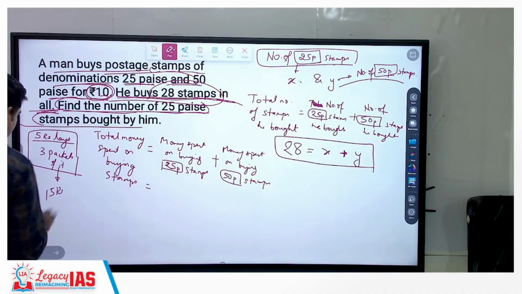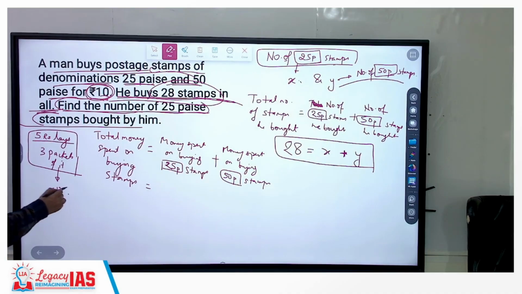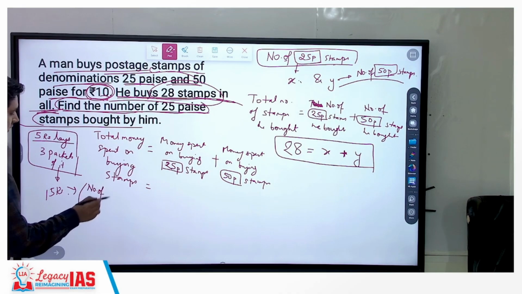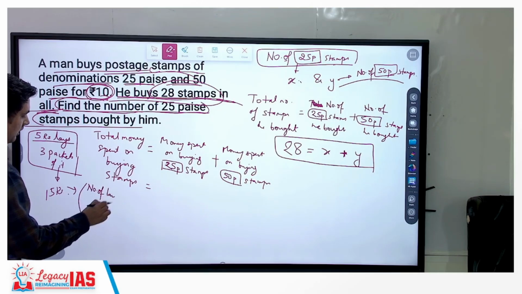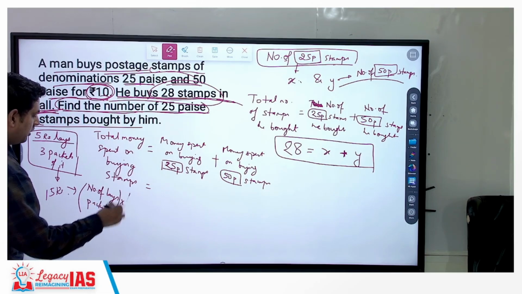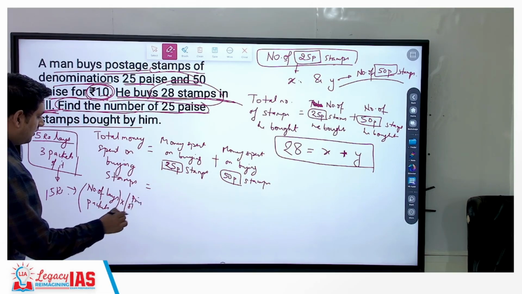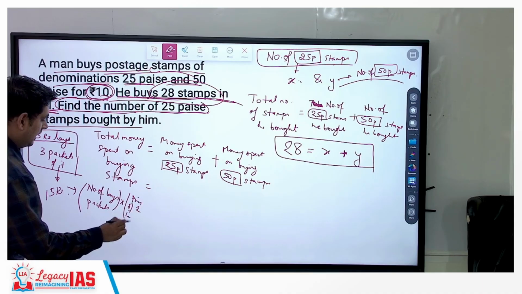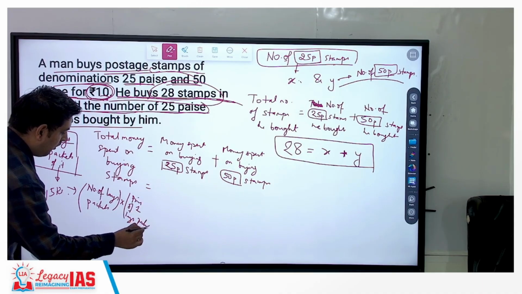How did you get 15 rupees? You got 15 rupees using the number of Lay's packets into the price of one Lay's packet.